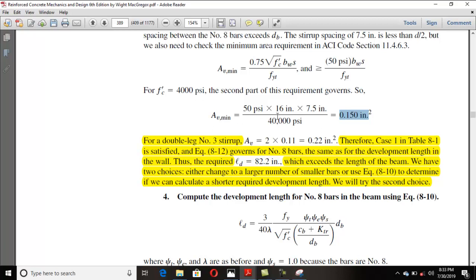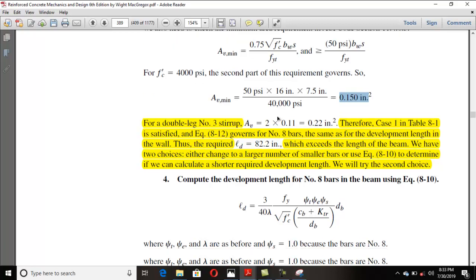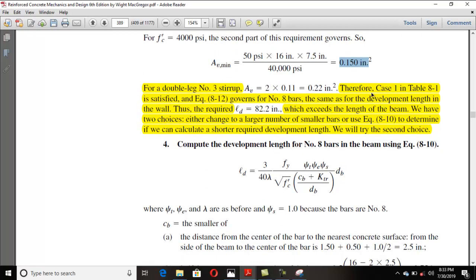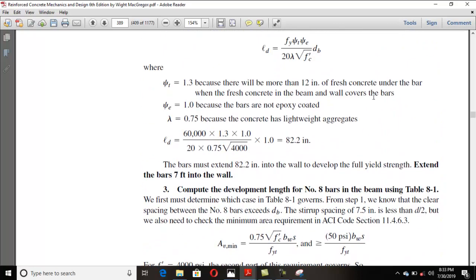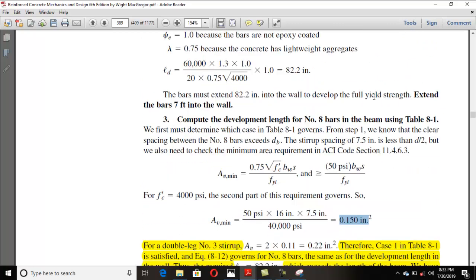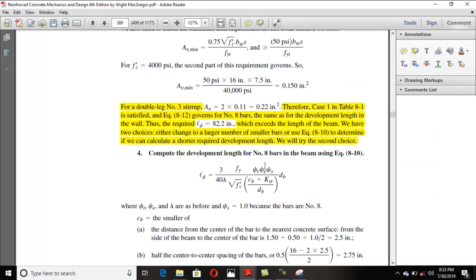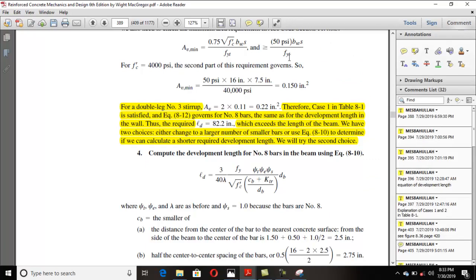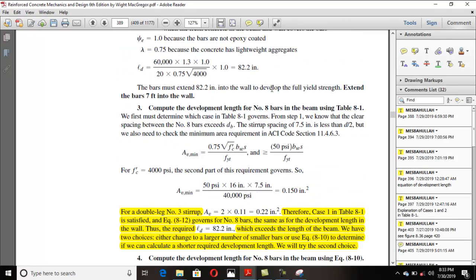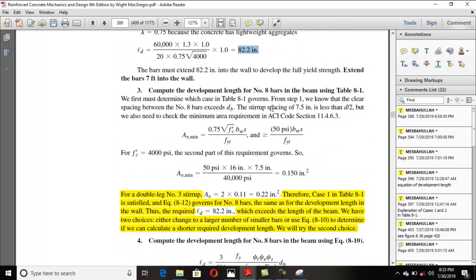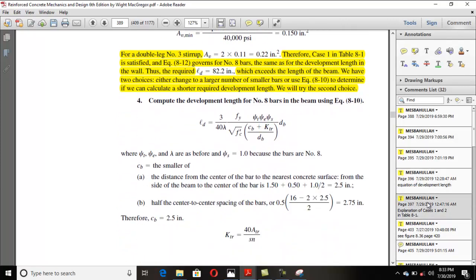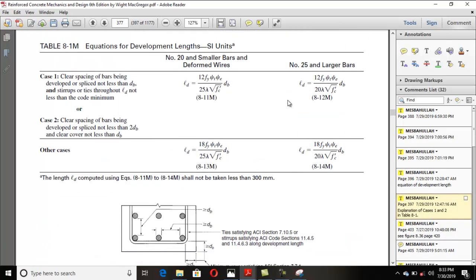Therefore we can use case number 1, table case 1 is satisfied. From there you will put in the values and you will get ld equal to 82.2 inches. Basically in that table case number 1 is applicable.